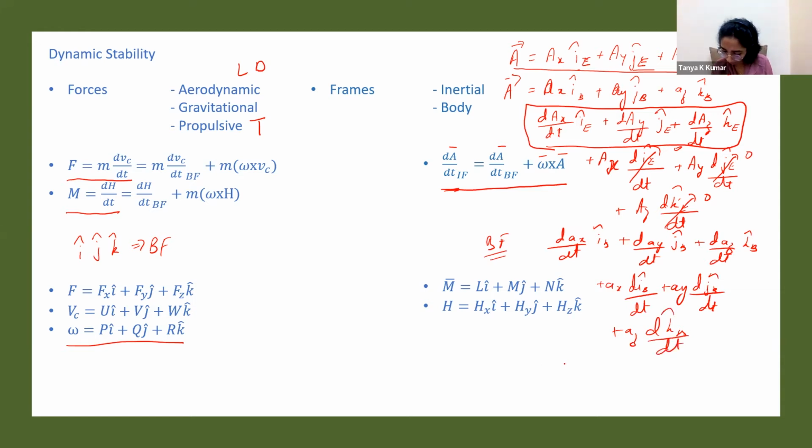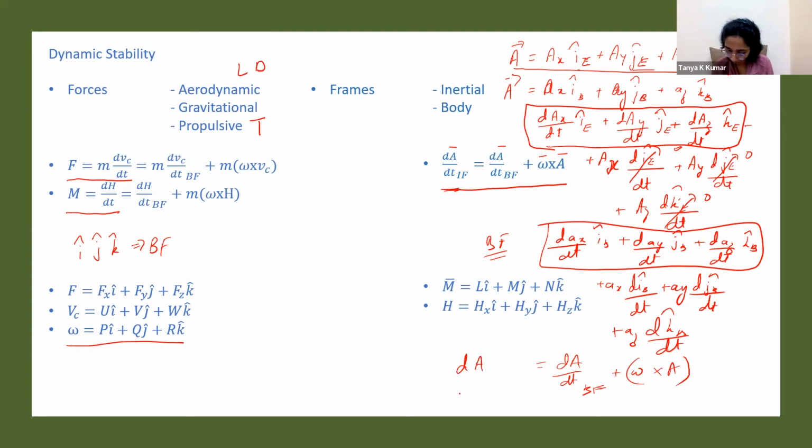What this gives you is dA by dt in the body frame, which is this term, plus omega cross A. This is the same as this because it's the same vector that you're differentiating. So you can write dA by dt in the inertial frame. This is what is given in this equation.